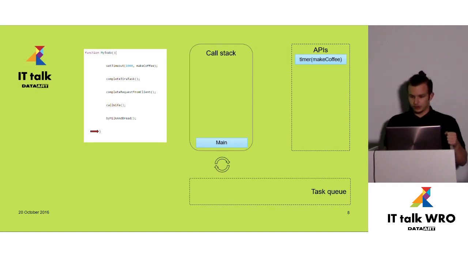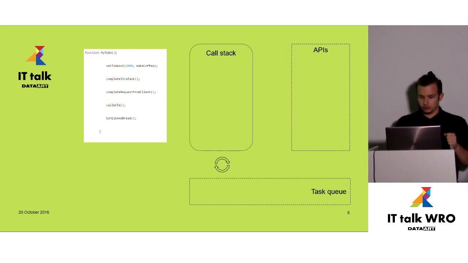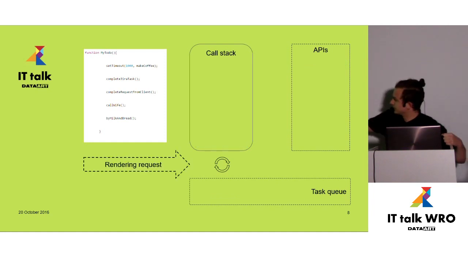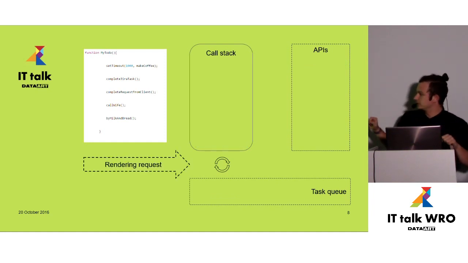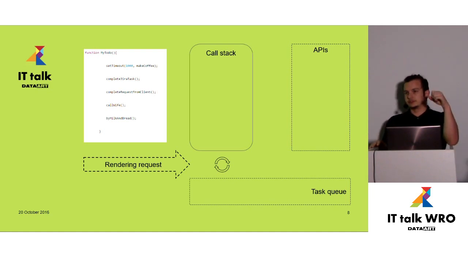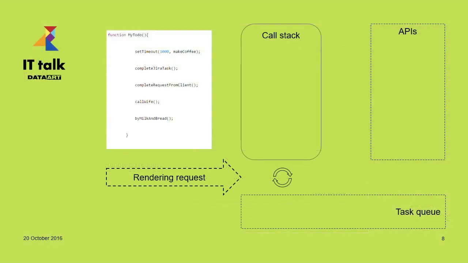So we can show the UI rendering like a request somewhere here that has an if with a can render function, and this can render function asks, is the call stack clear, and if it is, it can render.